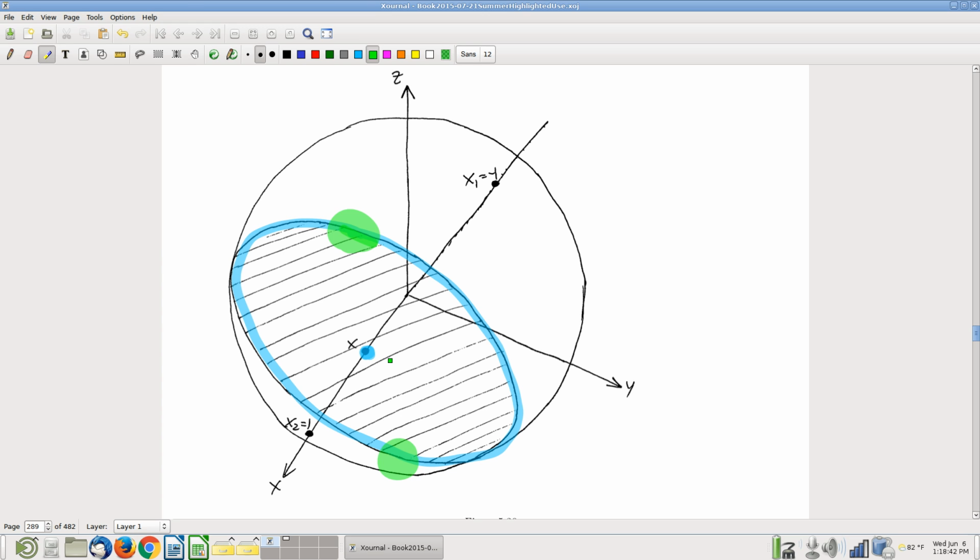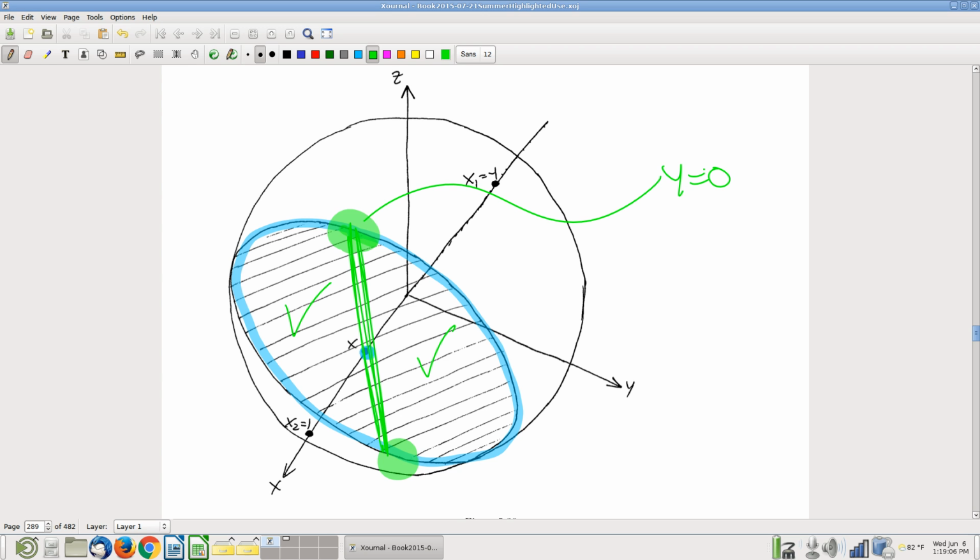I appeal to the notion of symmetry here. I claim that point has to be where y is equal to 0. And it's in the middle, if you will. There's a sort of equal splits on either side of that line, if you will. So y is equal to 0.